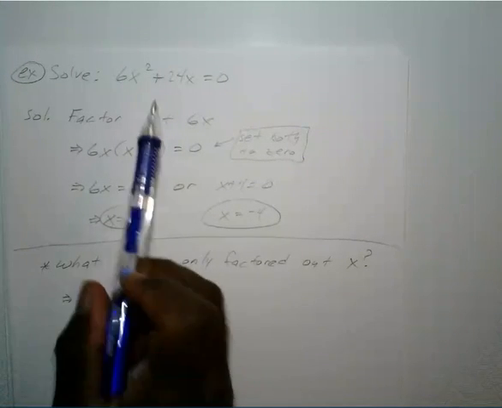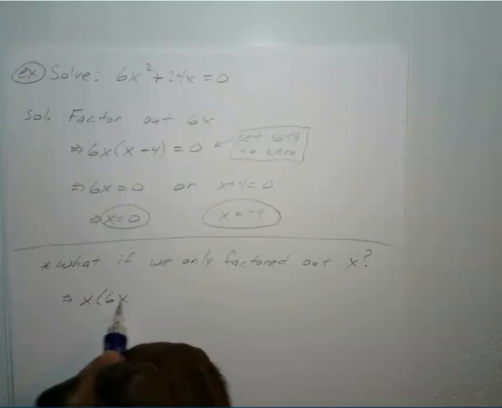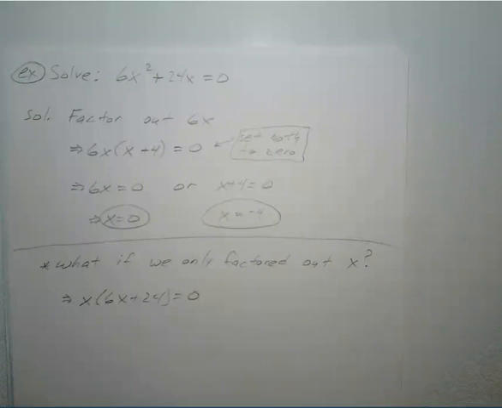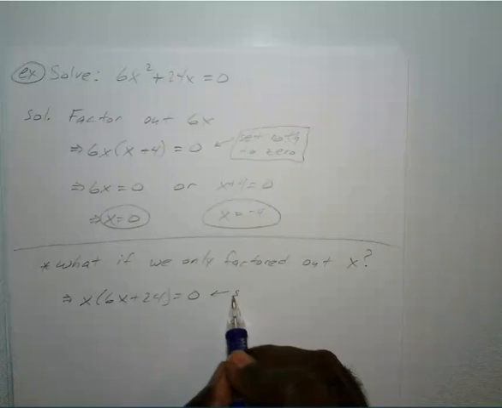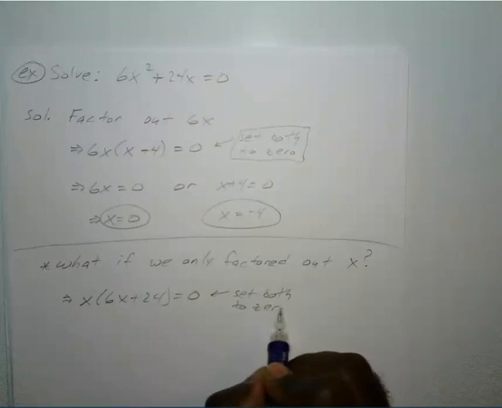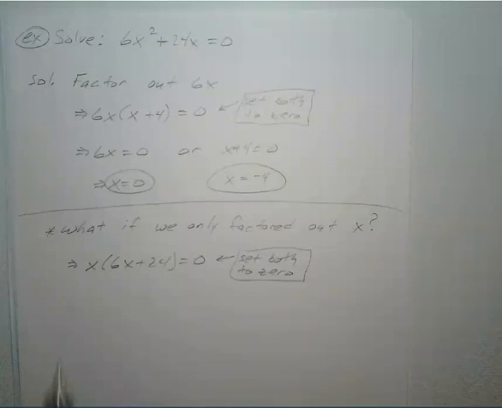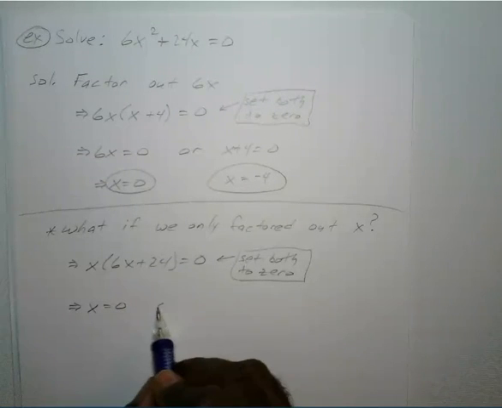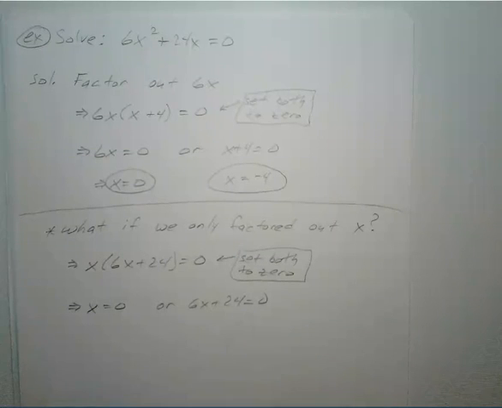If you factored out just the x, that would be x times (6x plus 24) equals 0. Again, once it's factored, we just set both to 0, just like we did up top. That means x can equal 0, or 6x plus 24 equals 0.